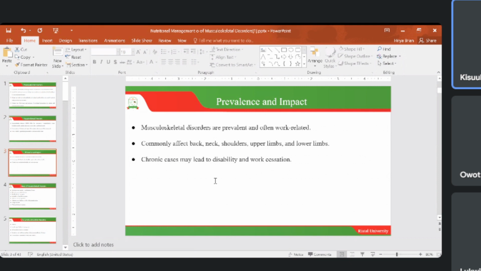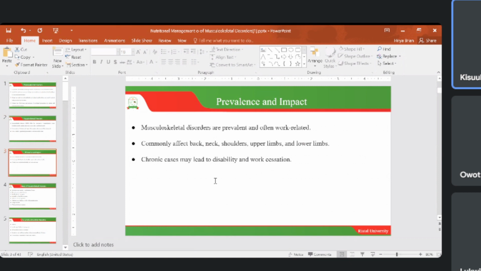These commonly affect parts that include the back, the neck, the shoulders, the upper limbs, and also the lower limbs. And here we are looking at chronic cases that may lead to disability and work cessation. Remember when we were talking about disability adjusted life years, where an individual is unable to do productive work due to being sidelined by a particular illness or condition.